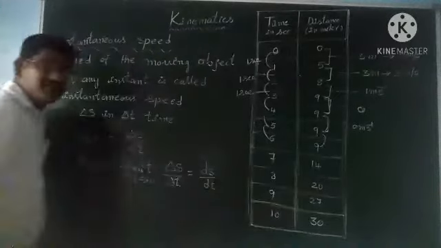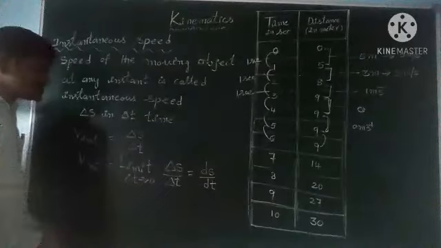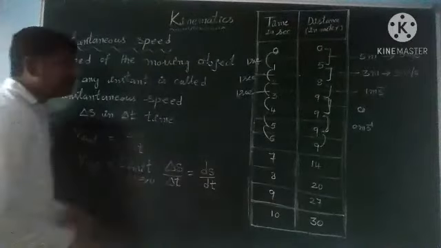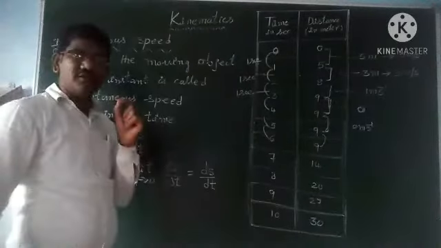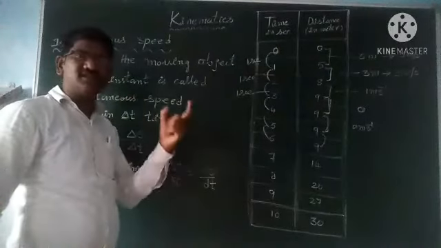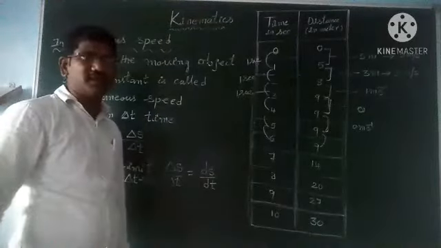So this is called the instantaneous speed formula, or simply you remember in what interval of time we are observing, in that interval how much distance it has covered, that ratio is taken as the instantaneous speed.